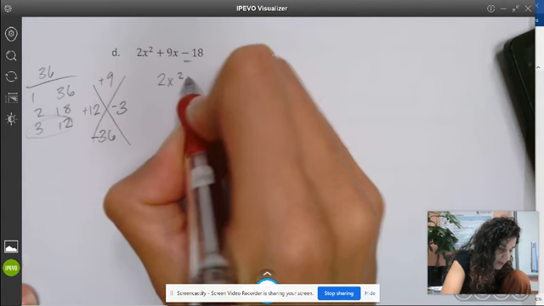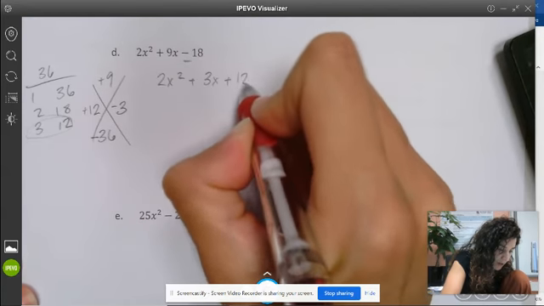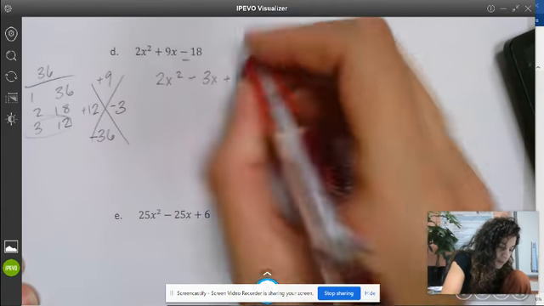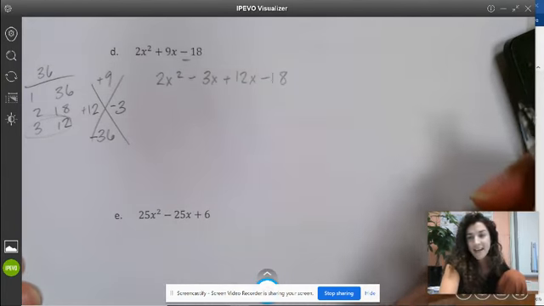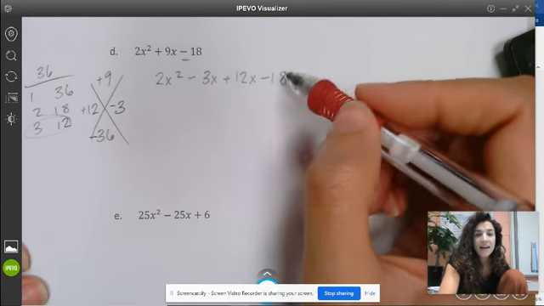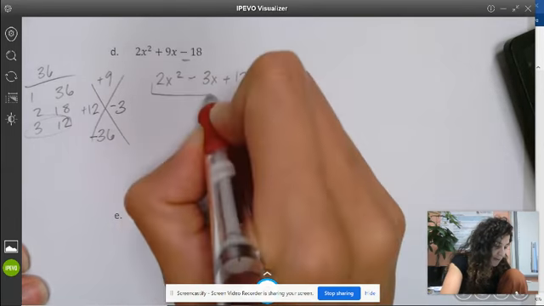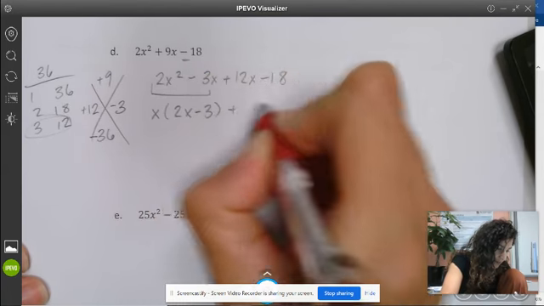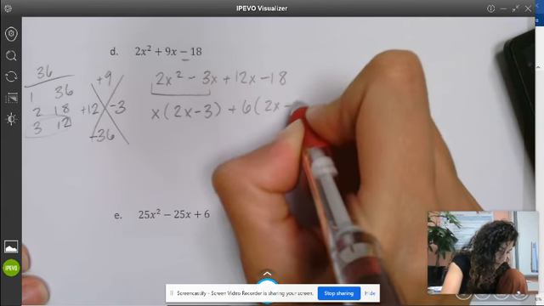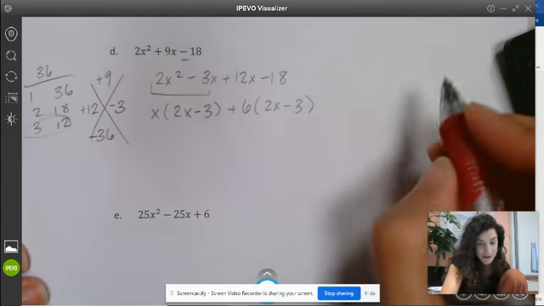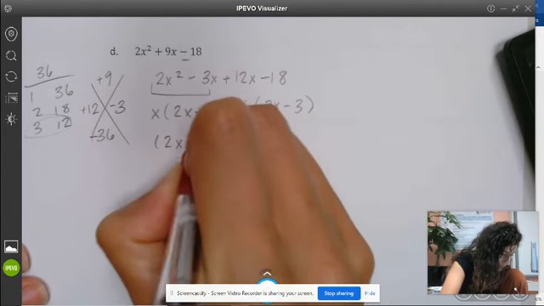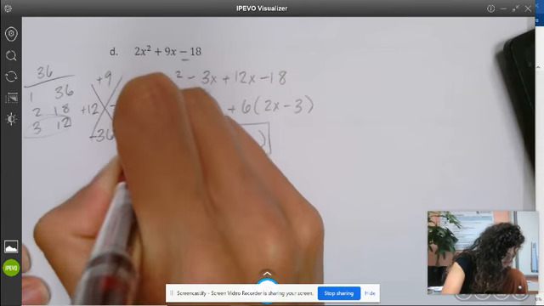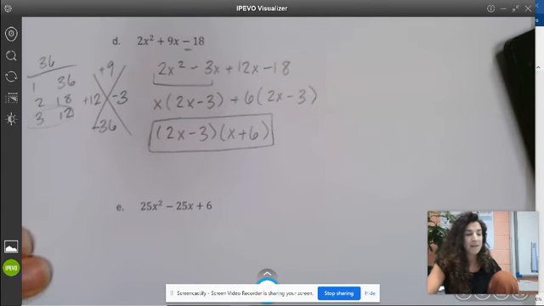So I do 2x squared plus 3x plus 12, minus 3x plus 12x minus 18. And then I take out my greatest common factor. And then I take out my greatest common factor again. And now I am done.